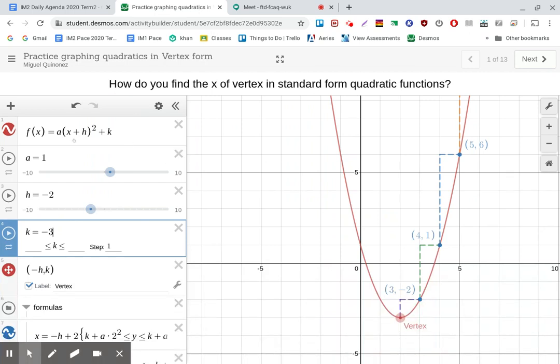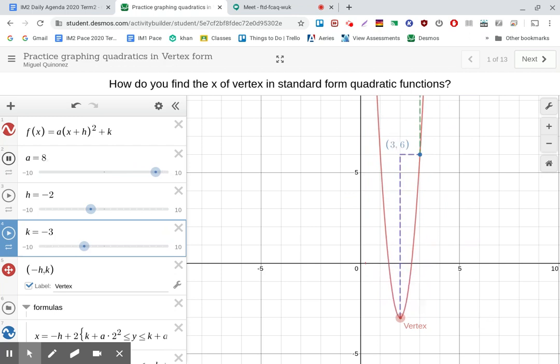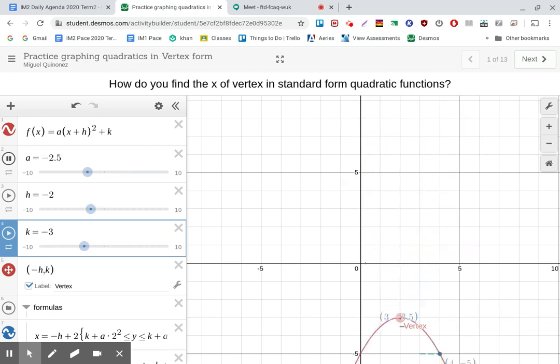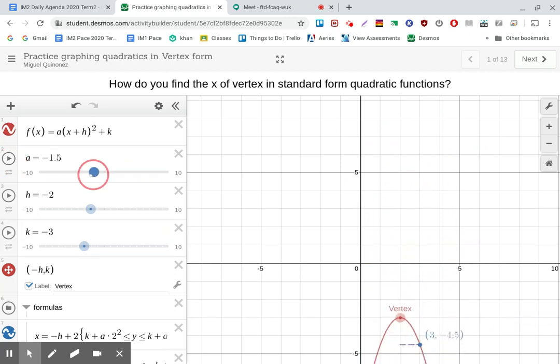Okay. So remember, instead of changing the letters up here, change them down here. A, h, and k. There's only three numbers you really need. You could actually even move it like this, but I don't think that's as helpful. Now, I did make a question.